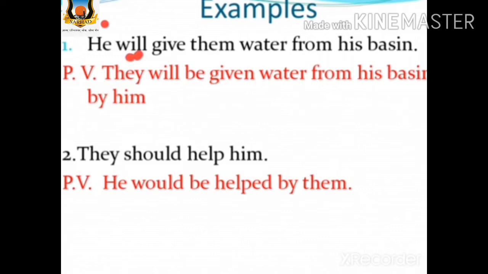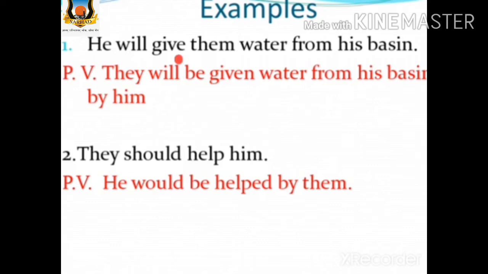Now which is the main verb, students? Will is the auxiliary verb, then which is the main verb? Yes, you are correct. Give is the main verb in this sentence.